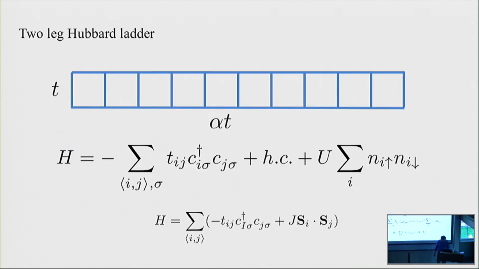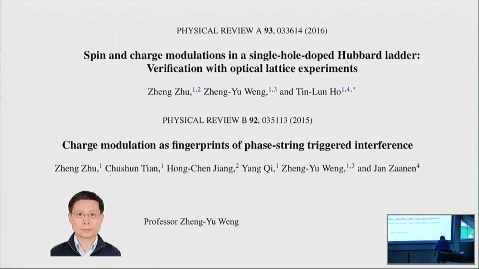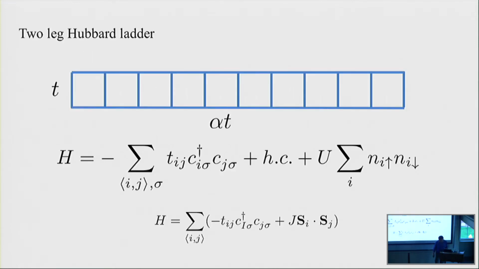I would like to make the point that there is considerable merit in not thinking about a two-dimensional square lattice right away. Let's first think about a ladder. A ladder is something of this form: you have two legs and the hopping, and you can make the hopping here different from the hopping there.